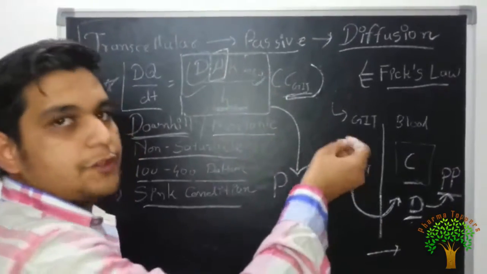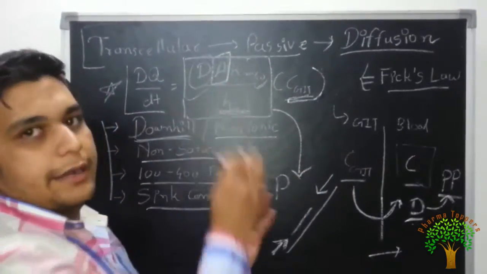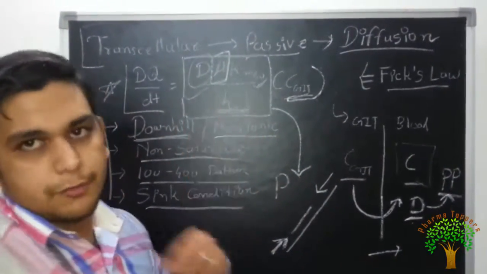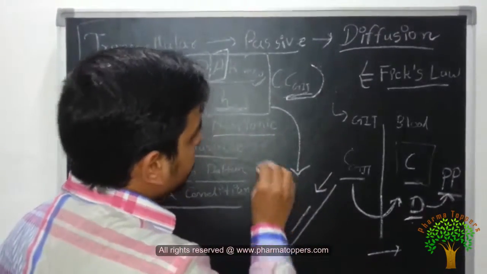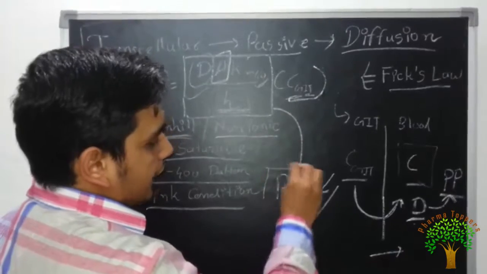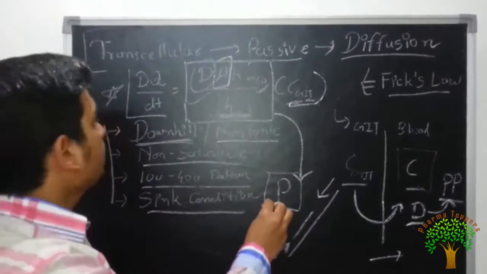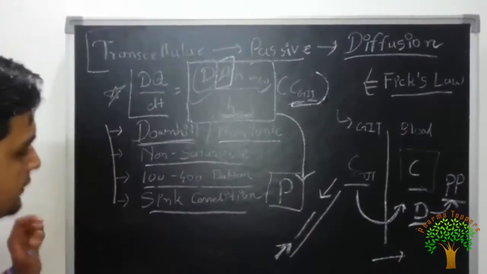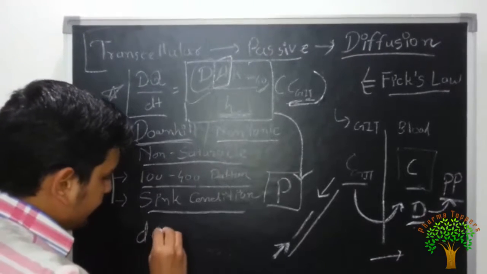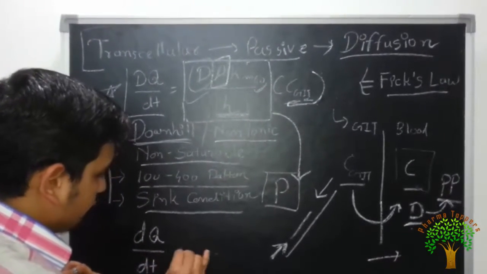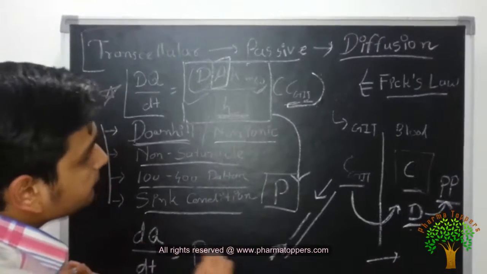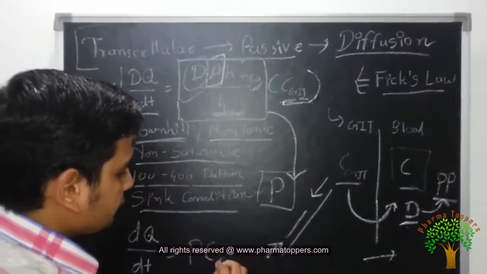When you go for partition coefficient, it is based on permeability. Area is also there, diffusion is also based on permeability, and thickness is also based on permeability. So when I take this one as P, the permeability constant, I can rewrite this equation like this: dQ/dt is equal to P times C_GIT.